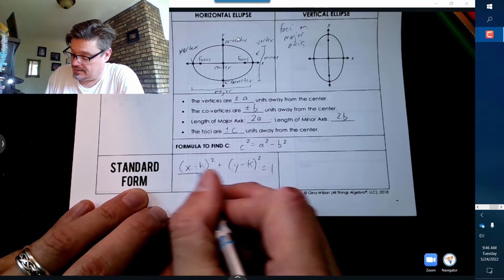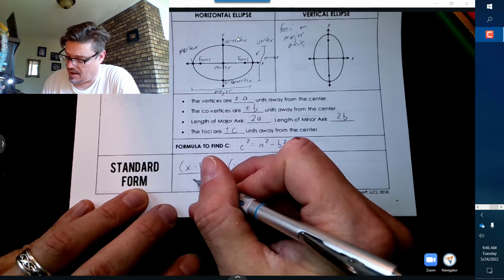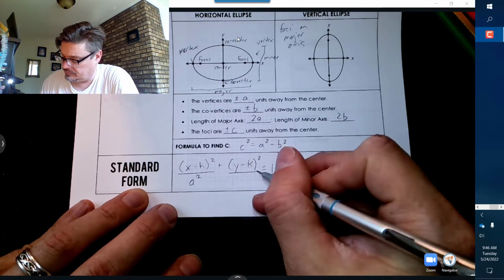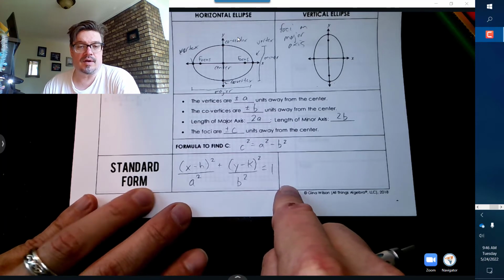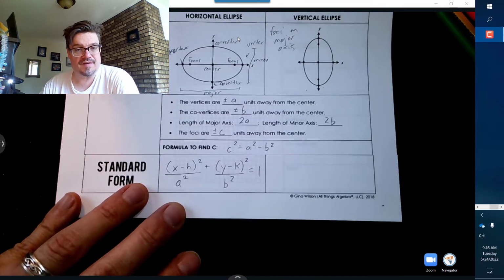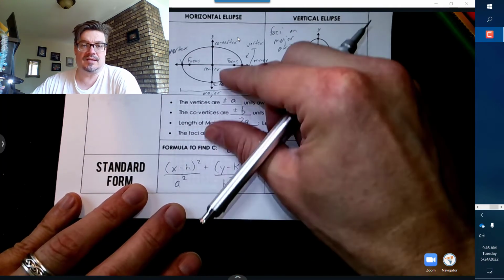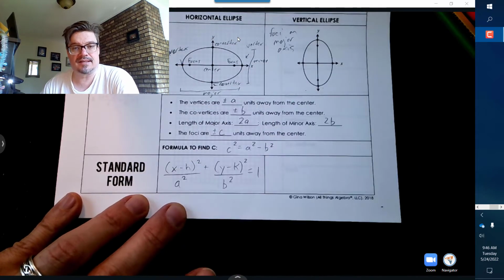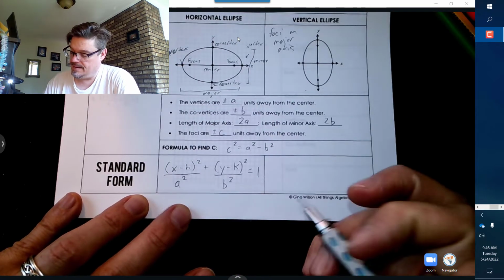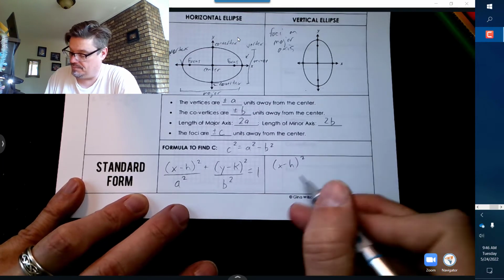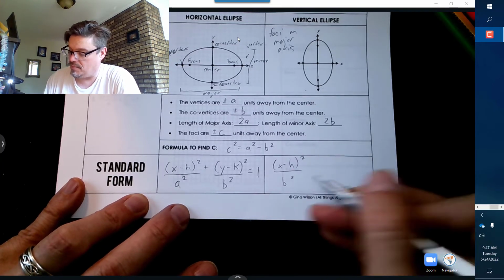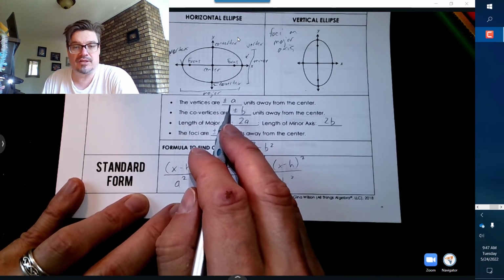And what happens, this is a lot easier to graph when it's like this. You have an a squared and a b squared underneath each of these coordinates. And what it does is it creates the wobble effect. It forms the squishing of one of the axes versus the other. Now this can switch up so that you can have b squared underneath the x, because remember a is the major axis.